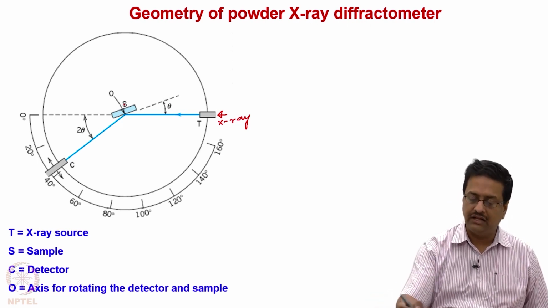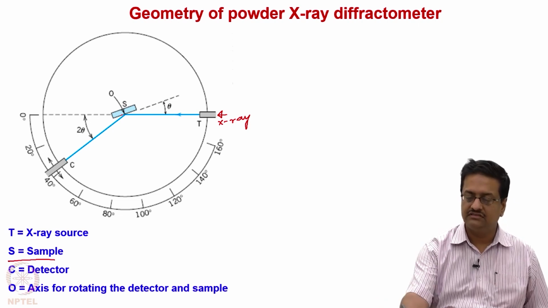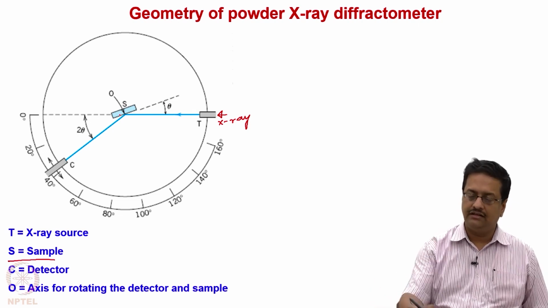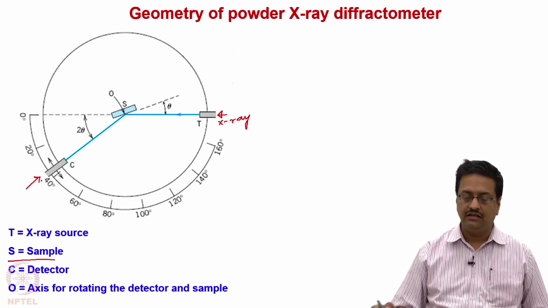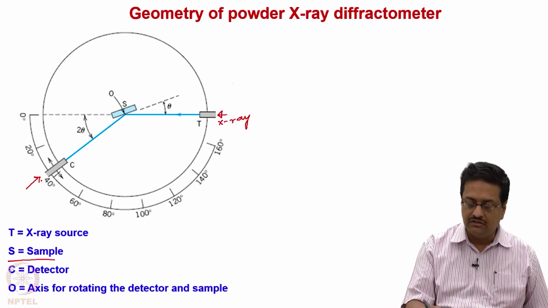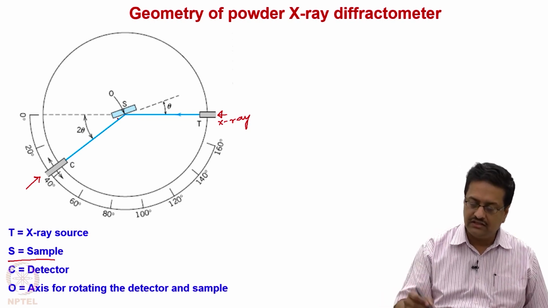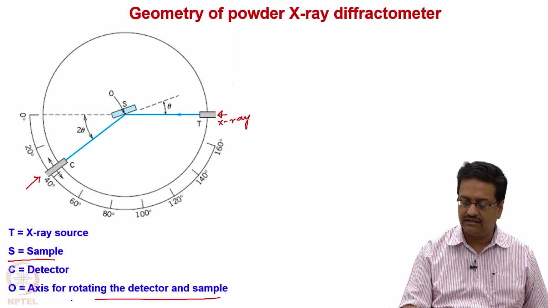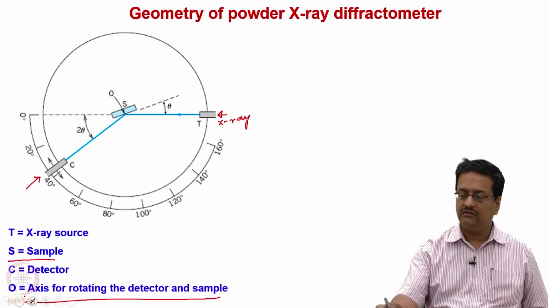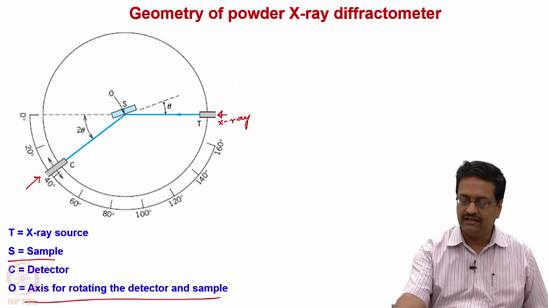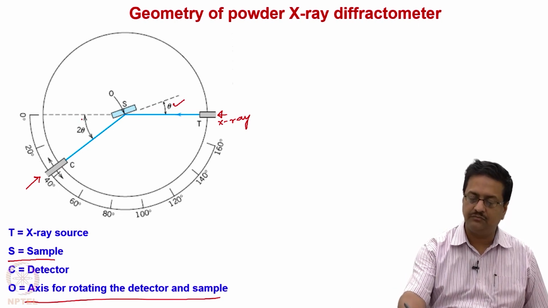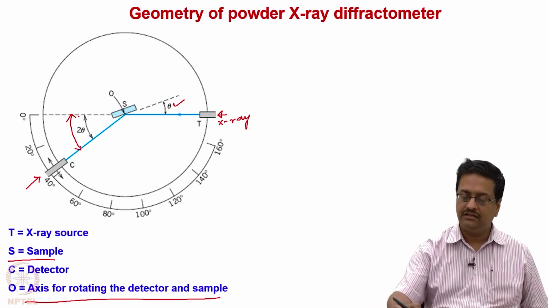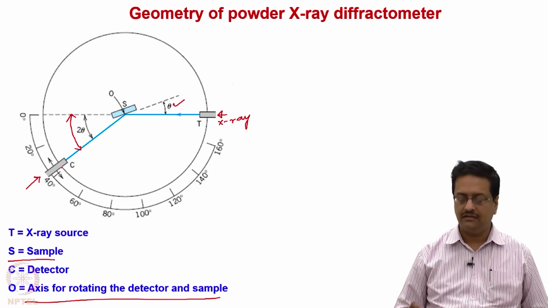And then we have a sample at S, which is the center of this circle, and the detector C is kept on the circumference of this circle, and O is the axis for rotating the detector and the sample. So now when the beam falls on the sample S at an angle theta, we measure the diffraction from that sample at an angle of 2 theta. And then the diffraction is recorded and represented.